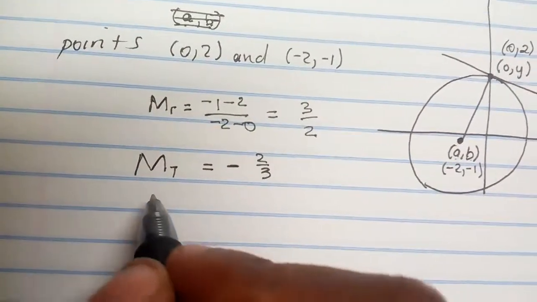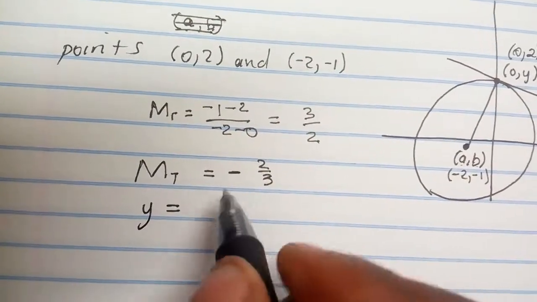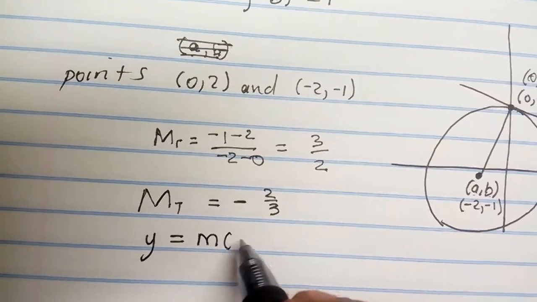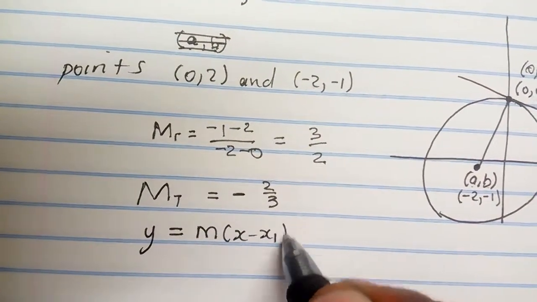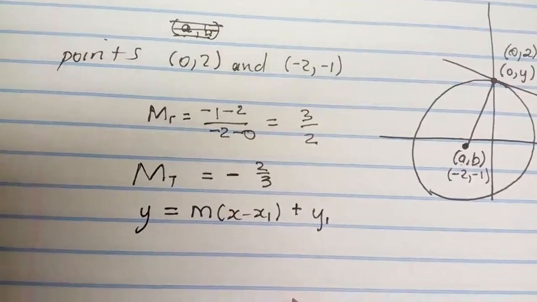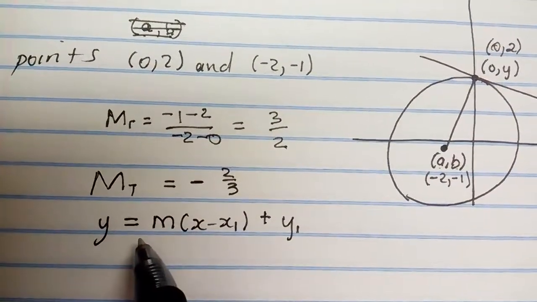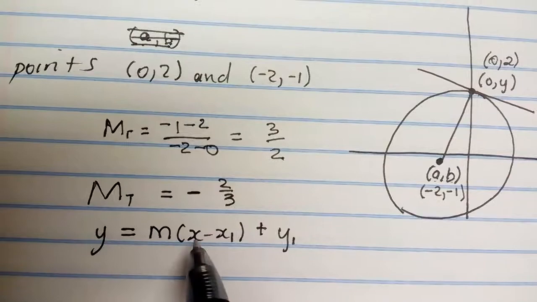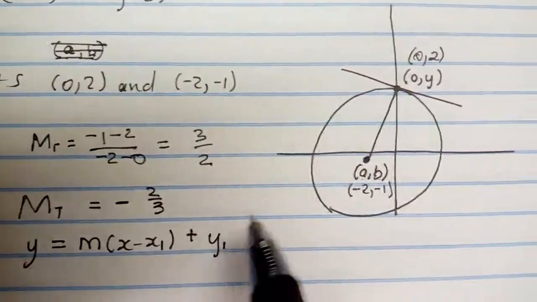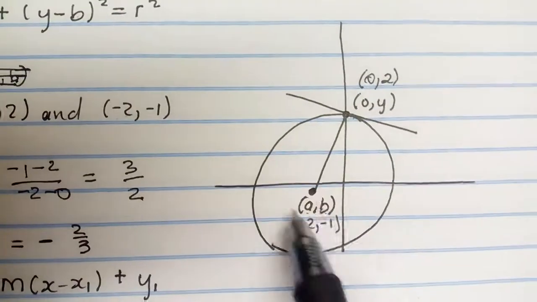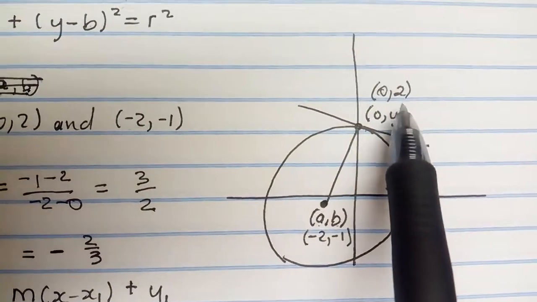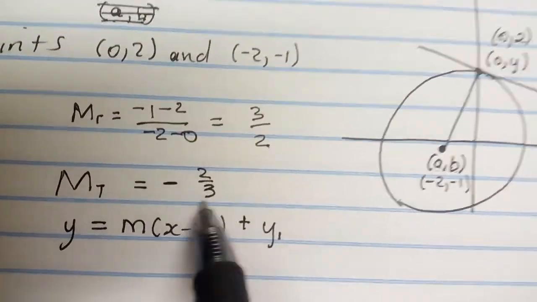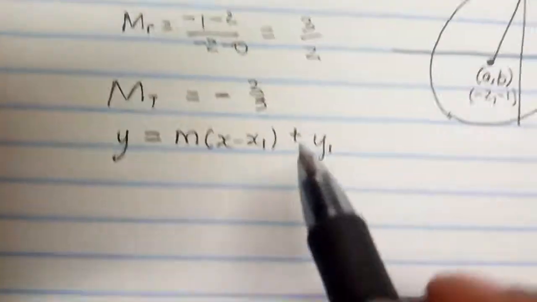Then we can use the information to calculate the equation of the tangent line. So now the standard equation of a straight line is y = m(x - x1) + y1. So this is the standard equation. Or you can take the y1 to the left hand side, it becomes y - y1 = m(x - x1). And then you can see from the diagram that the gradient of this line should be negative, and we also calculated it to be negative, which is certainly true.